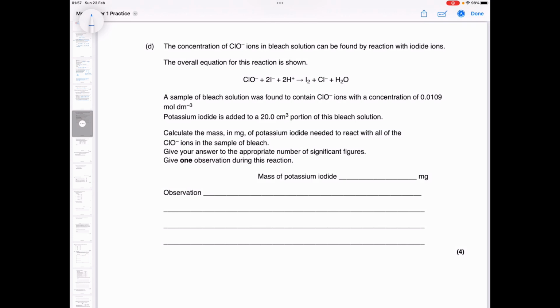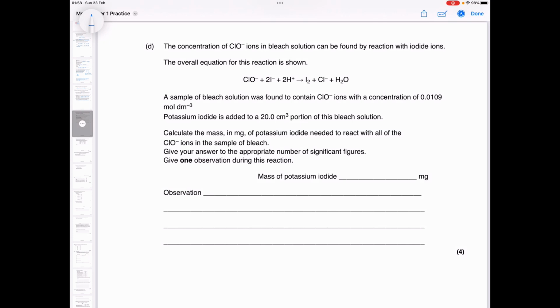Potassium iodide is added to a 20 centimeter cubed portion of this bleach solution. Calculate the mass in milligrams of potassium iodide needed to react with all the ClO- ions in the sample of bleach. Okay. And give 1 observation during this reaction.